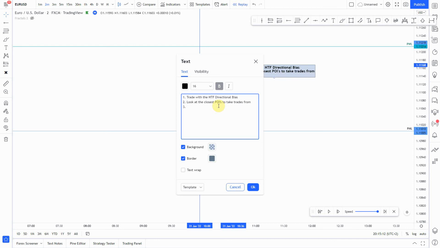Three, define in detail your setup and entry criteria. Four, only enter when price has tapped the POI and proven to reverse.